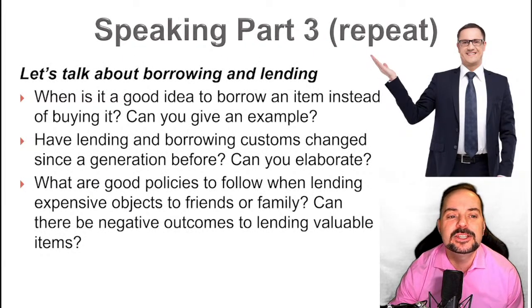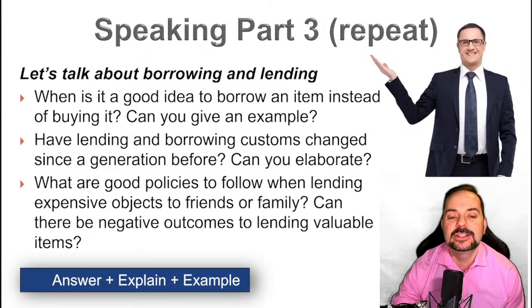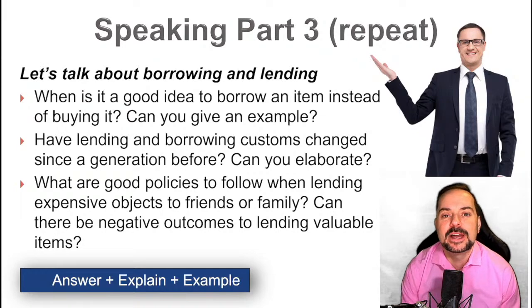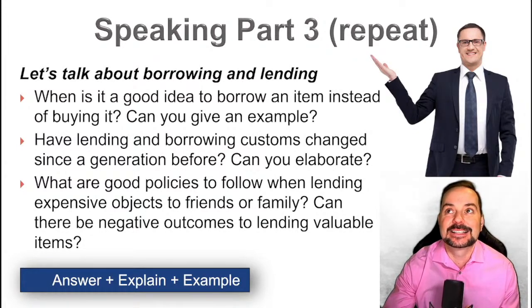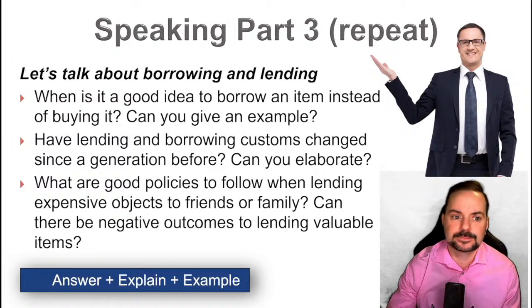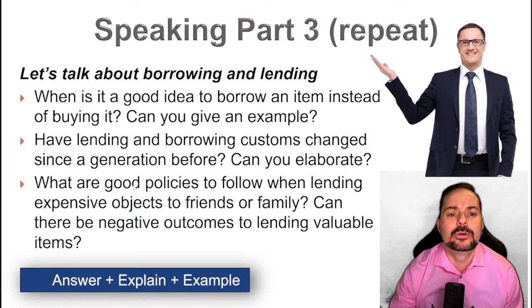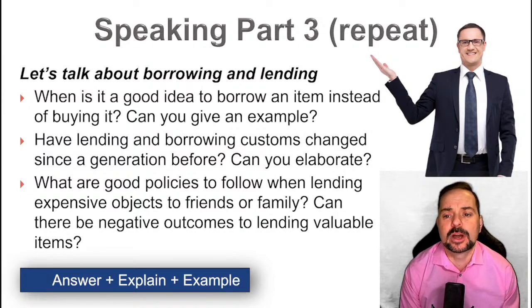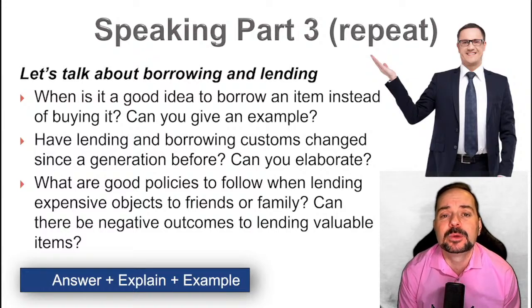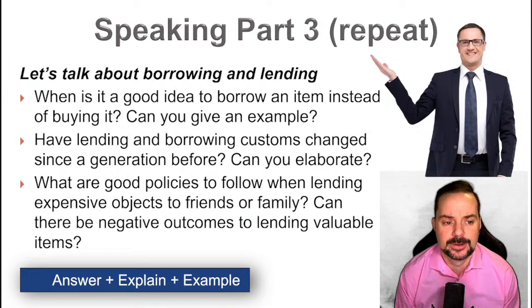Now, let's take a look at speaking part 3. So repeat these questions after me. The goal here is to answer, explain, example. That's what we will focus on in this class. So let's talk about borrowing and lending. Just repeat the questions after me for now, and we will practice the answers in these questions together.